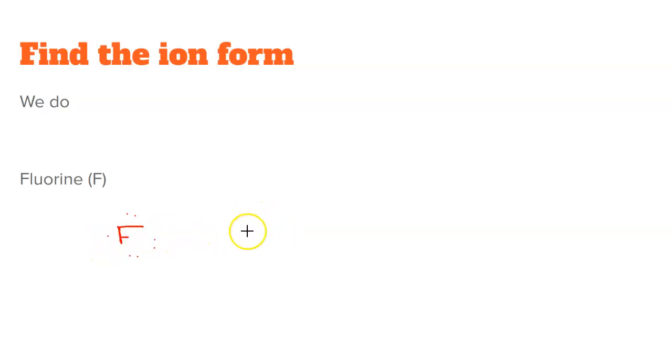So fluorine is going to gain an electron. So its ion form is going to have -1, or sometimes we write 1 negative. Again, this is the correct form. And it is an anion. Anion. Okay.